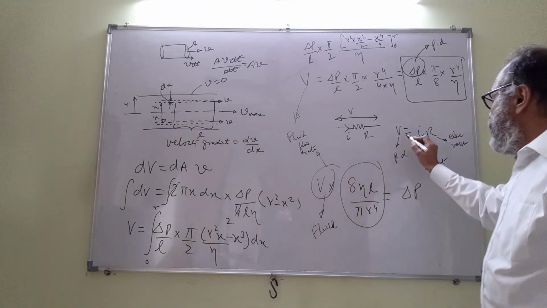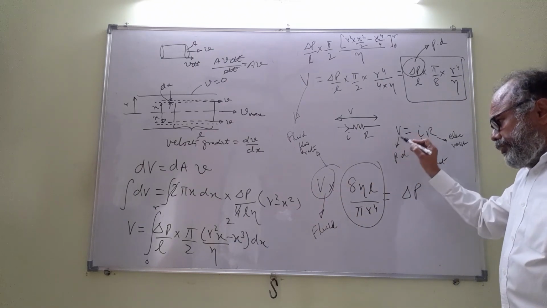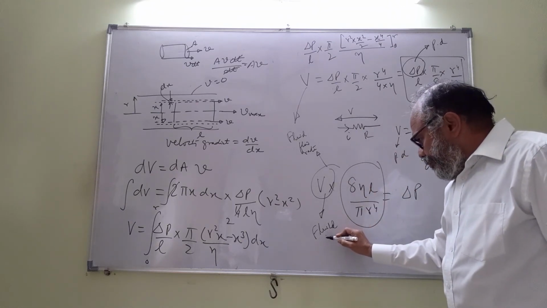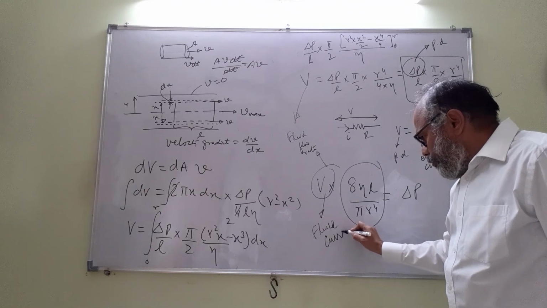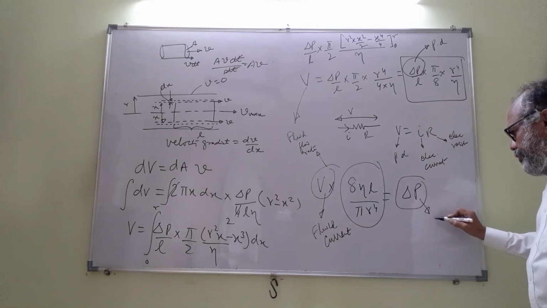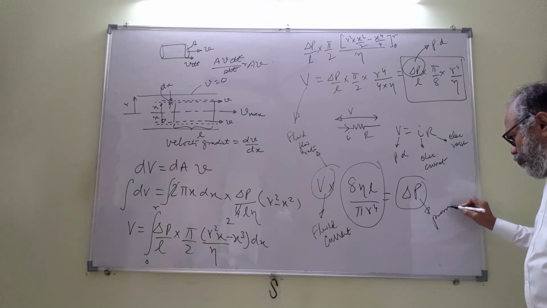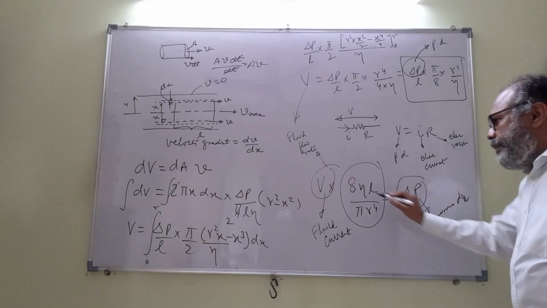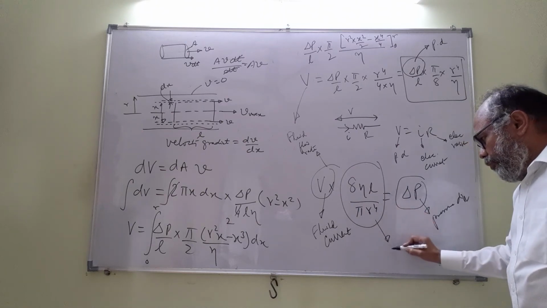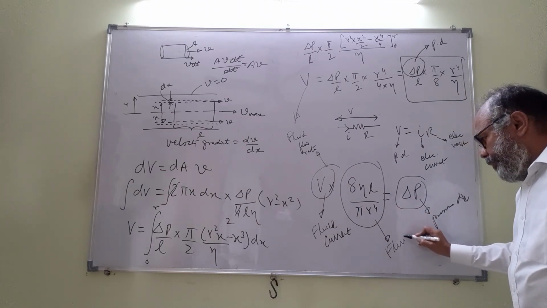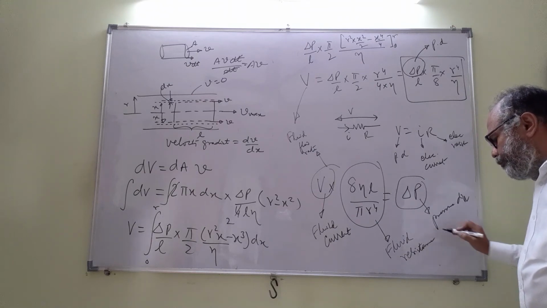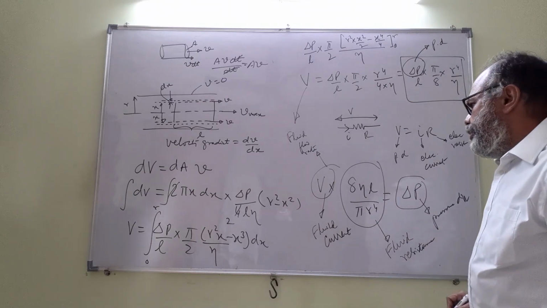Don't confuse this V with the other V: V there is the potential difference, while here it is the volume flow rate, which is the fluid current. This delta P is the pressure difference, and 8 eta L by pi r to the power of 4 is called the fluid resistance.